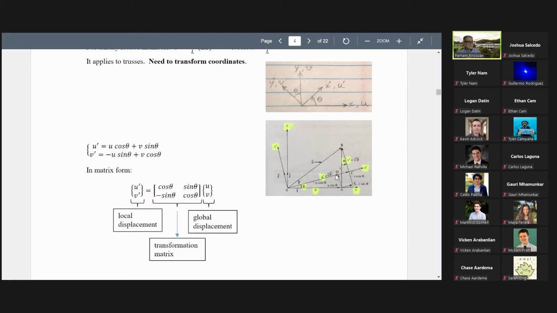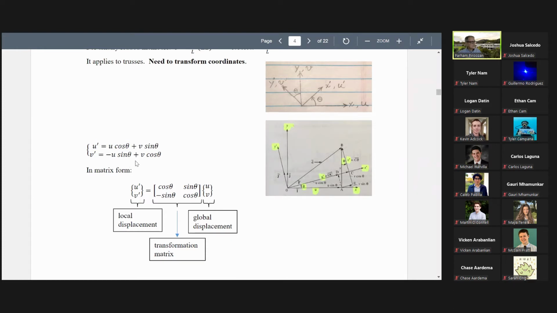So u prime is u cosine theta plus this piece, which is v sine theta. So u prime is u cosine theta plus v sine theta.